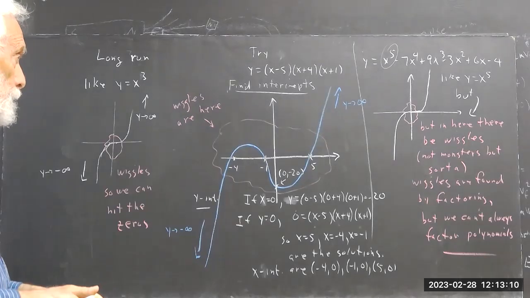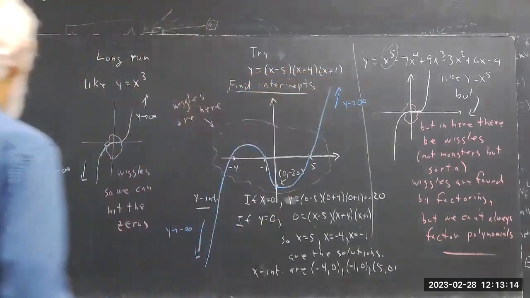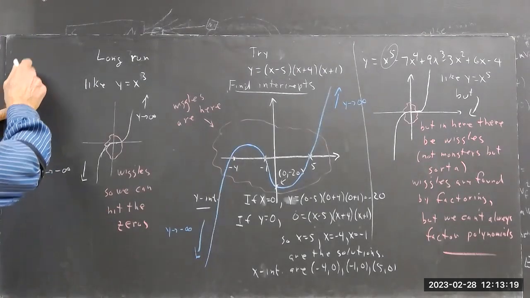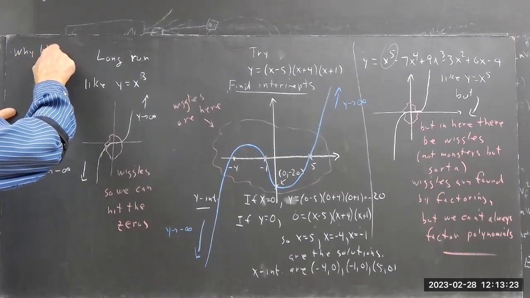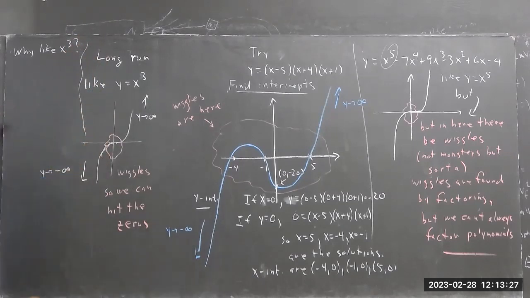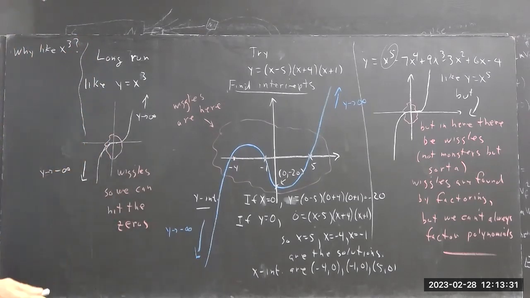But I want to prove to you, just to make sure you understand that this does give you the x cubed term, so I'm going to expand this. So I say this is like x cubed, and I'm sure you believe me.